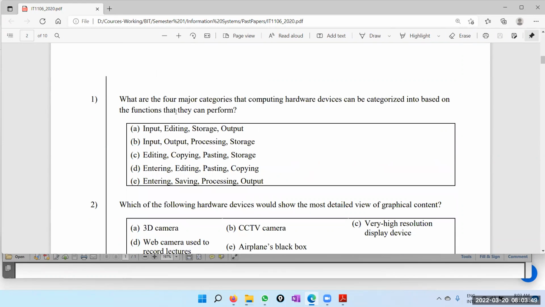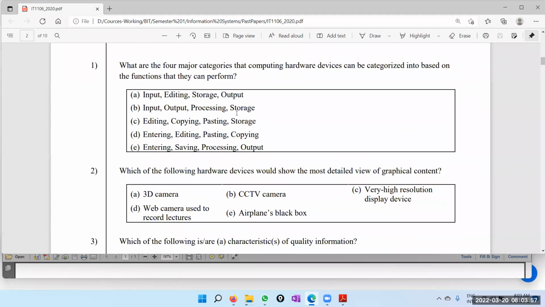Right. First question. What are the four major categories that computing hardware devices can be categorized into based on the functions that they can perform? I think that is sort of an easy question. Usually we categorize them as input, output, processing, storage. Let's see whether we have those.